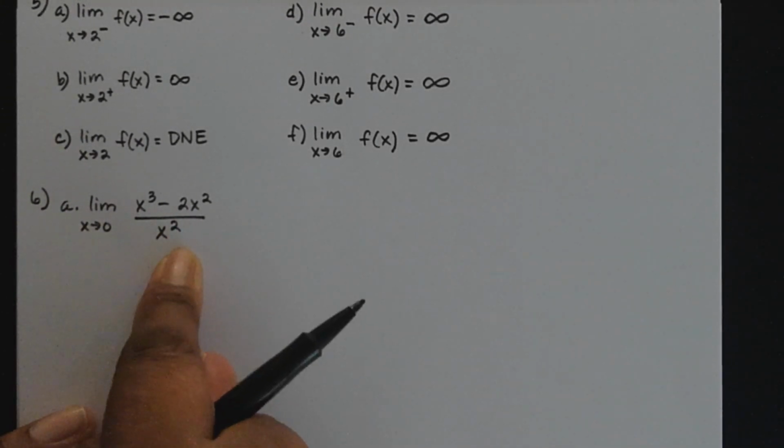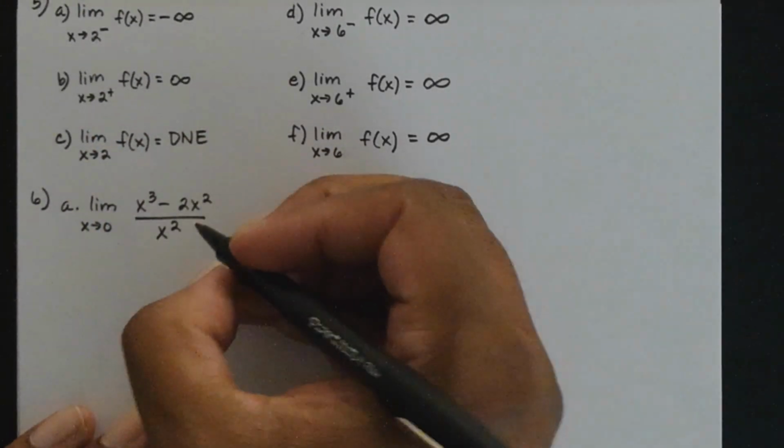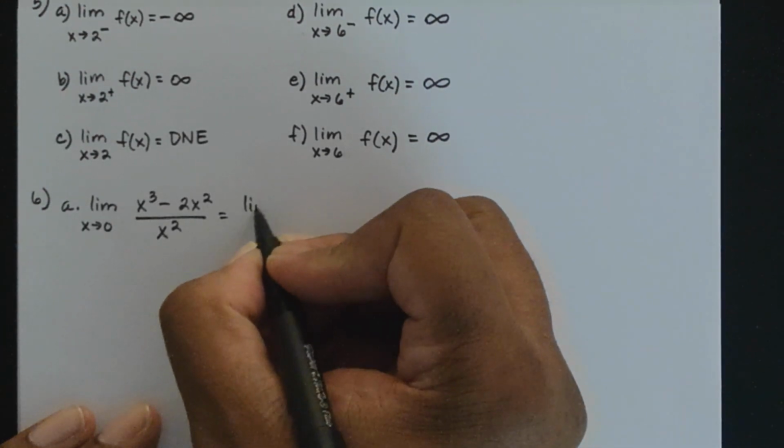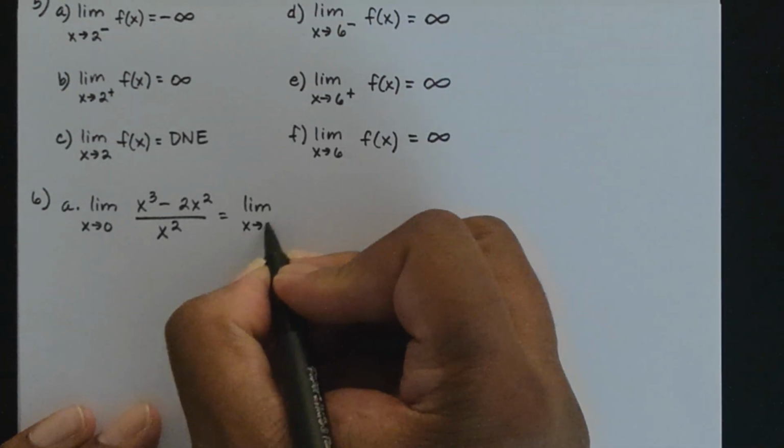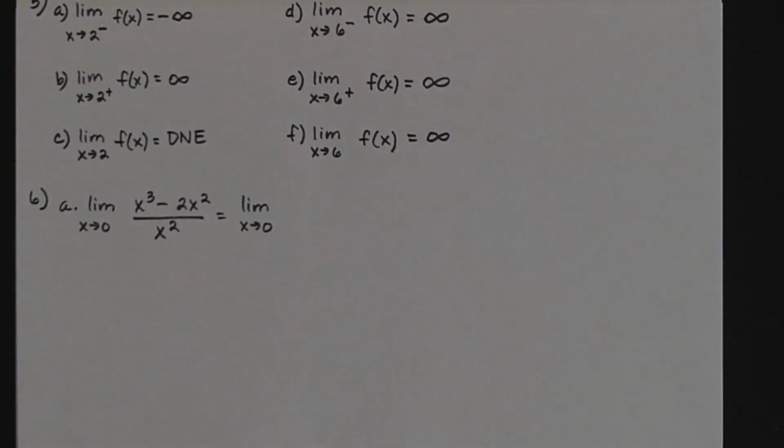So in this case, let's see if we can simplify this. x cubed minus 2x squared has a common factor in it. What do you think that would be?